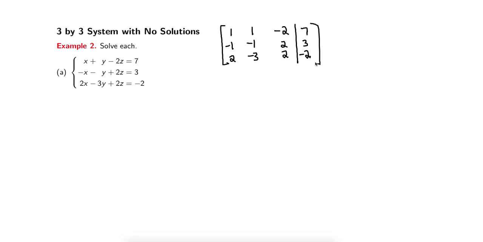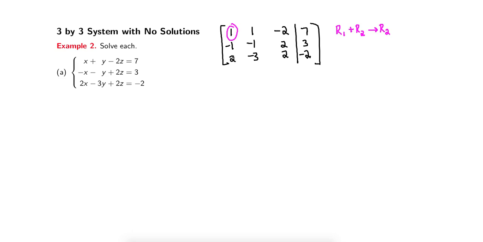Again, just as before, we're going to start by making sure this number is 1, which is nice because it is. If it's not, we can maybe switch a row or divide and things like that. Now let's look at the values below it. This is a negative 1, so we take the opposite of negative 1, which is positive 1, times this value and add it to the second row. So 1 times row number 1 added to row number 2 becomes our new row number 2.